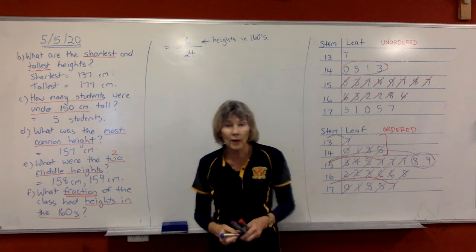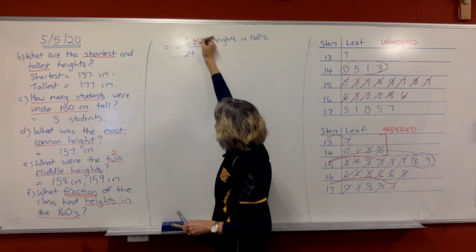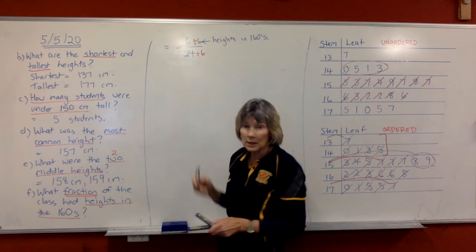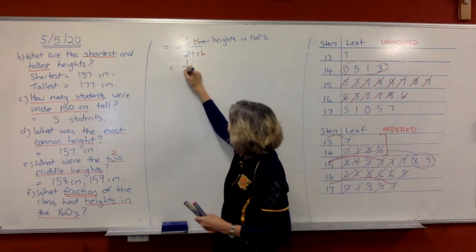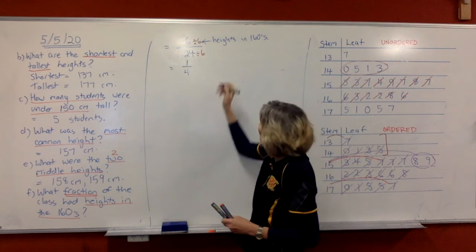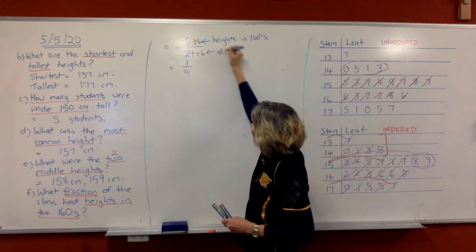Now we're going to simplify that because you know what to do with fractions now. So just divide top and bottom by 6 because 6 goes into both of those. And you'll get 1 over 4 as your answer. Okay, so don't forget on the bottom is all the students.